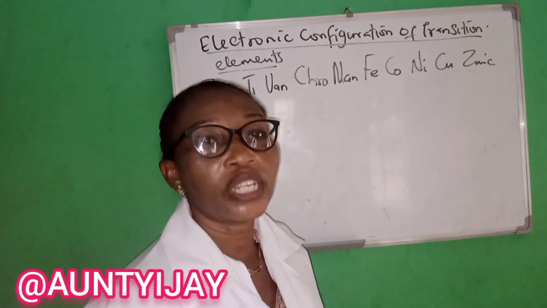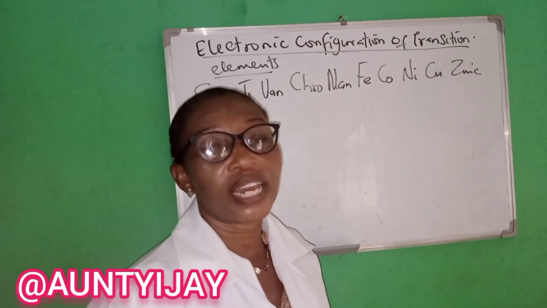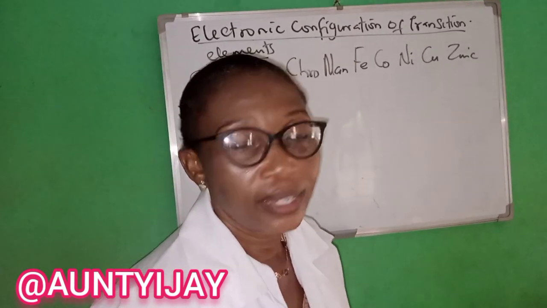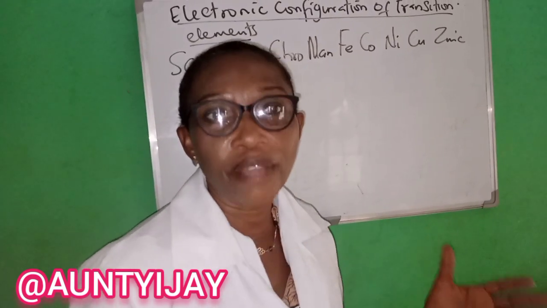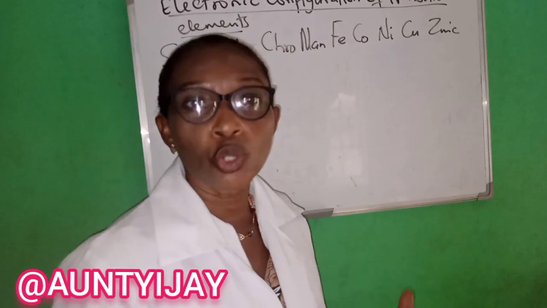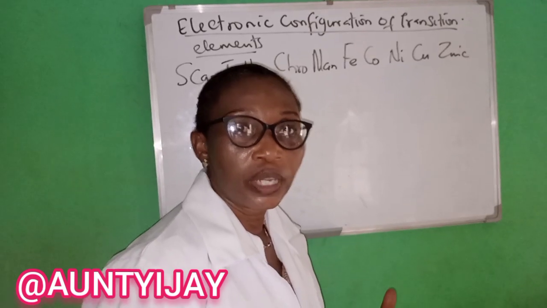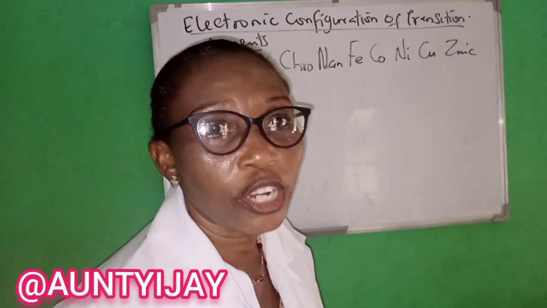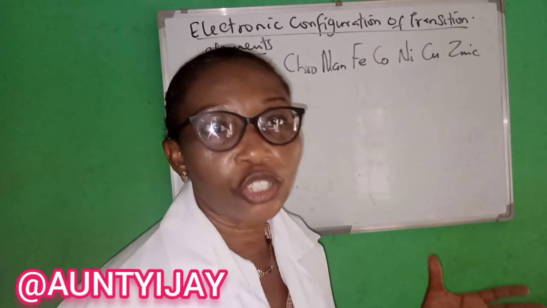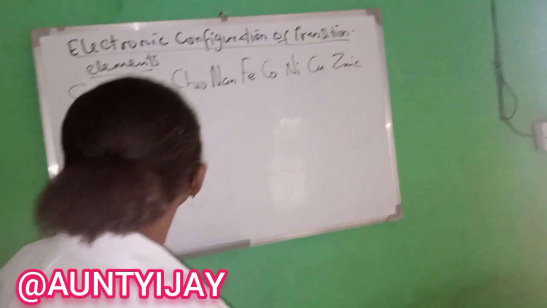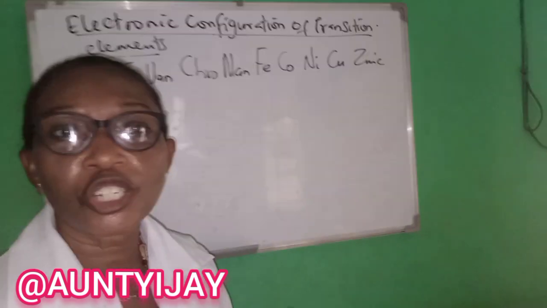Before we go into writing the electronic configuration of transition elements, we ought to know what they are. Transition elements are a group of elements found between group 2 and group 3 of the periodic table. Today, we are going to look at the electronic configuration for the first transition series.